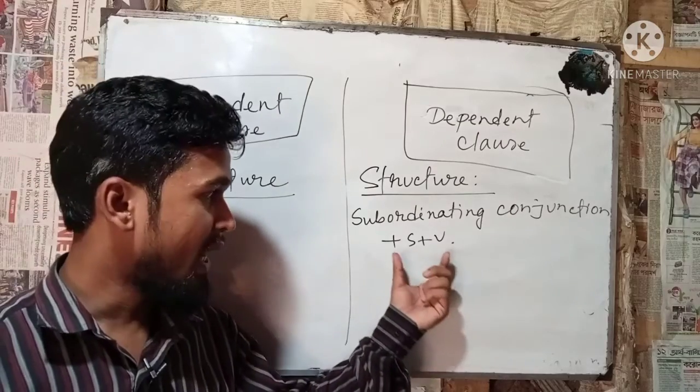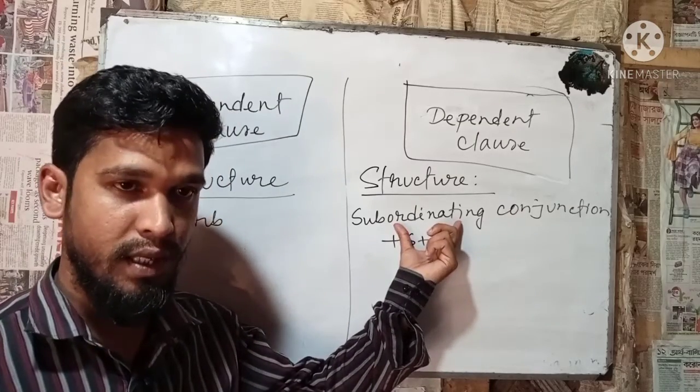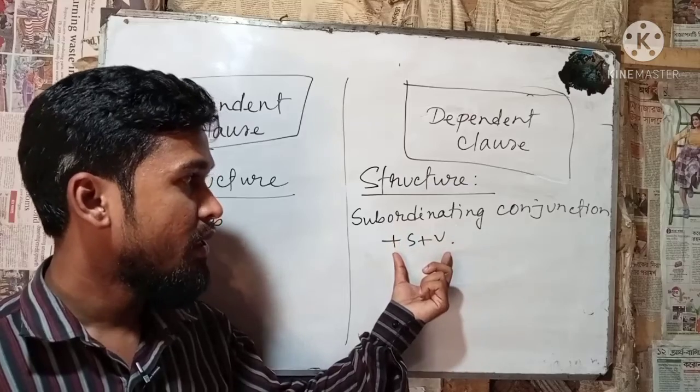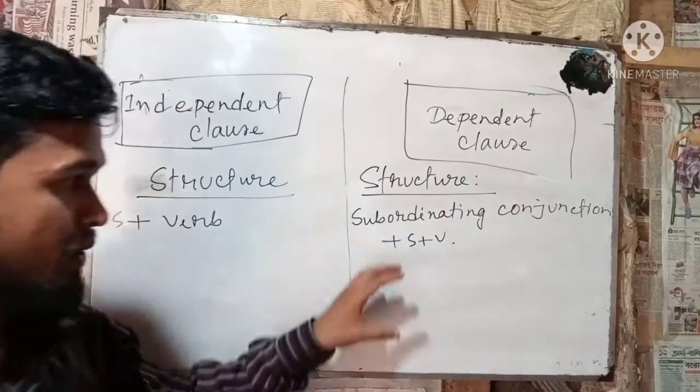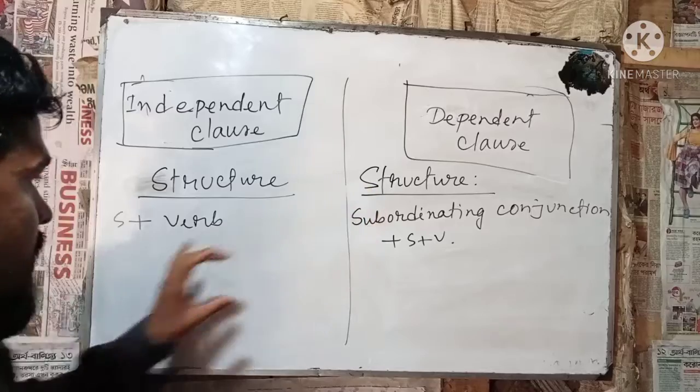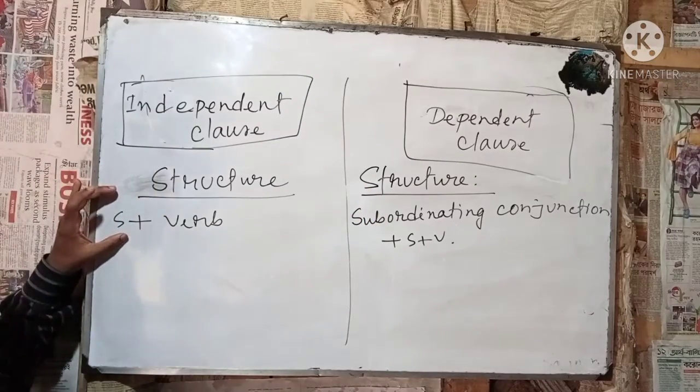When you add a subordinating conjunction before a clause, it will be a dependent clause, but without a subordinating conjunction it will be an independent clause.